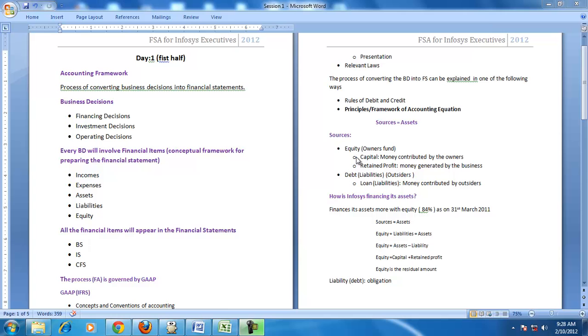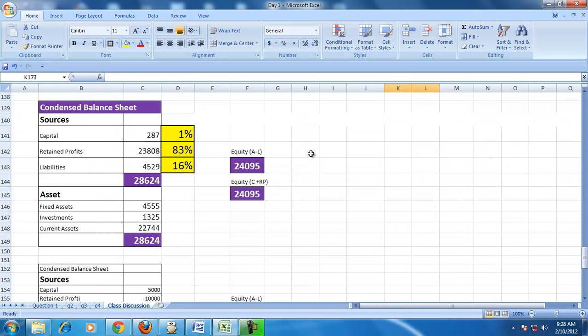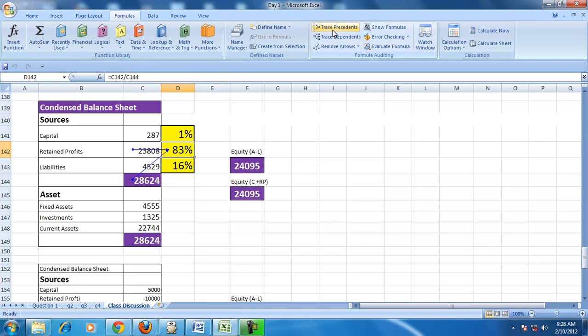And to understand that, we had a specific question: how is Infosys financing its assets? We saw that about 83% of Infosys's assets are financed by the retained profits as per the financial statements as on 31st March 2011.